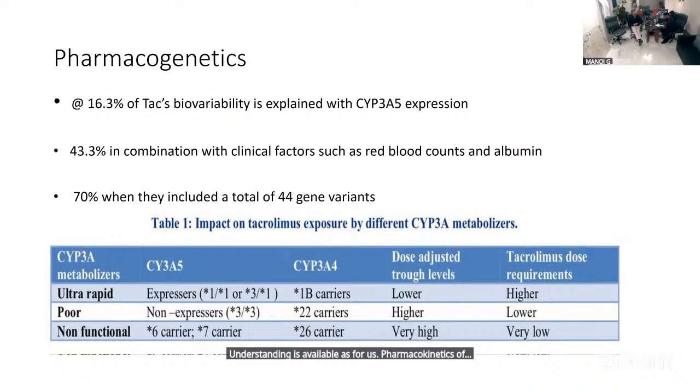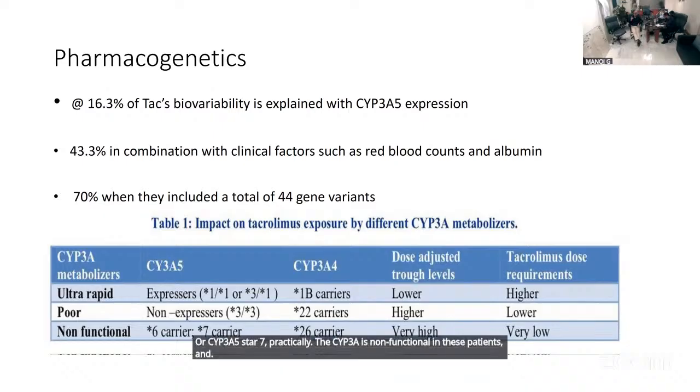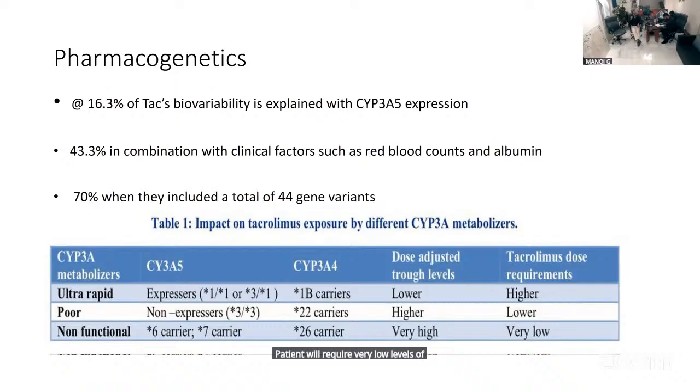Usually, because of cost constraints, we do only CYP3A5 levels. But on a research basis, it has been found that if you have CYP3A5 star 6 or CYP3A5 star 7, practically the CYP3A5 is non-functional in these patients, and the patient will require very low levels of tacrolimus to reach the desired trough levels.